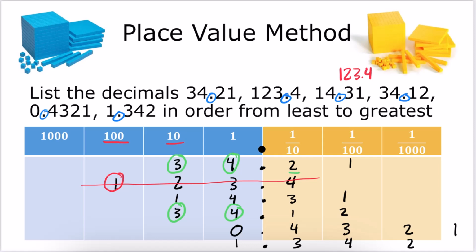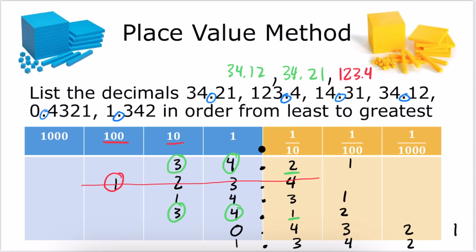But when I get to the tenths place value, one of them has 2 tenths and the other one only has 1 tenth. And so that tells me that 34.21 is bigger than 34.12. And so those will be my next two biggest numbers.